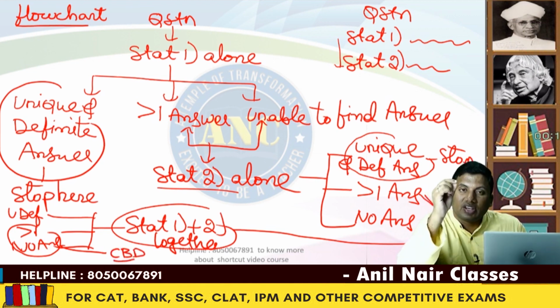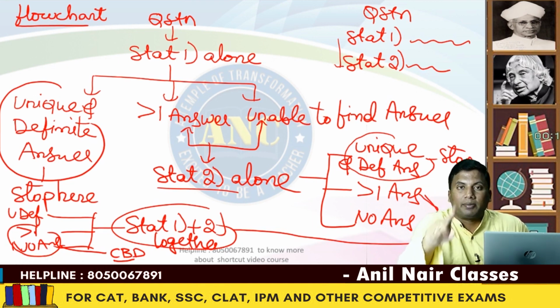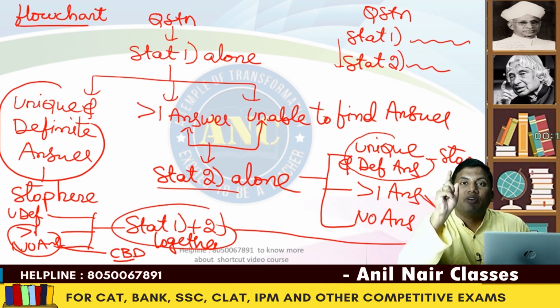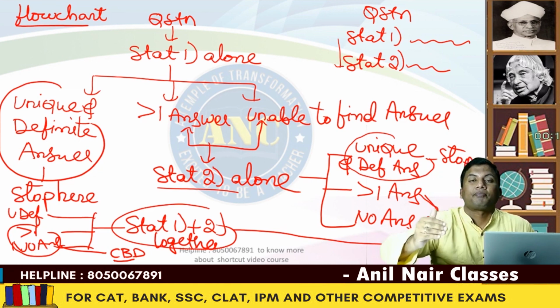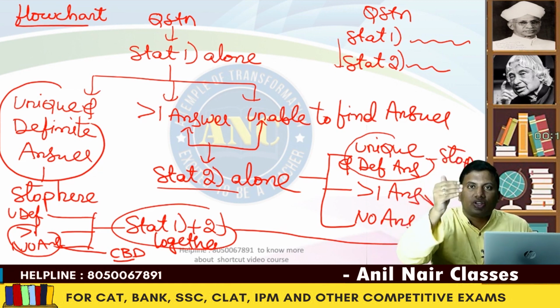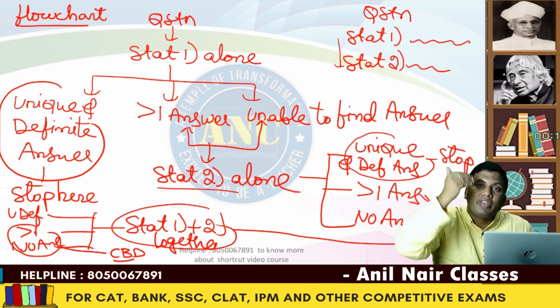This slide is extremely important. Why? Because it gives two important conclusions. The first conclusion is you cannot combine two statements without doing each statement independently. First do each statement independently, then combine both.